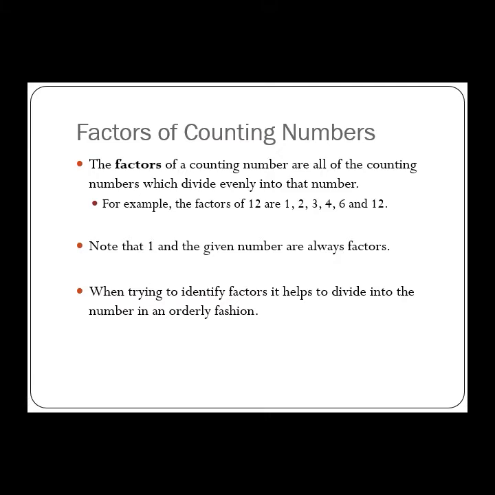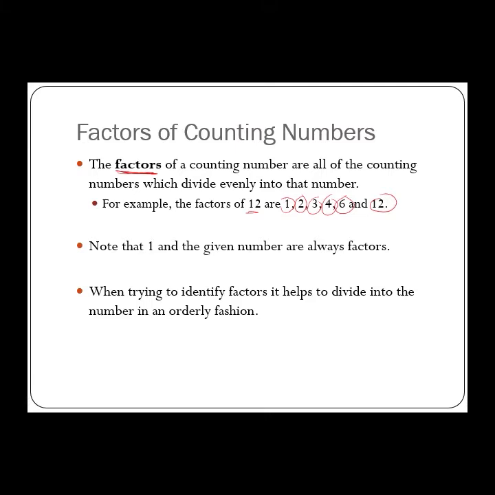When we talk about the factor of a counting number, we mean all the numbers which divide evenly into that number. So for 12, its two easiest factors are always 1 and itself. And then 2 times 6 is 12, so 2 and 6 are a pair of factors, and 3 times 4 is 12.